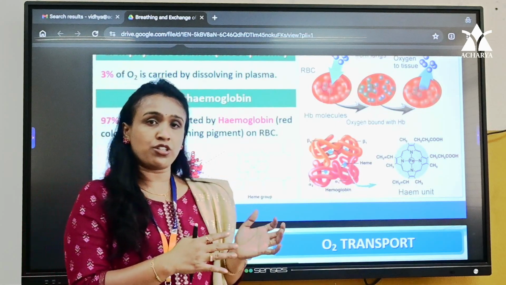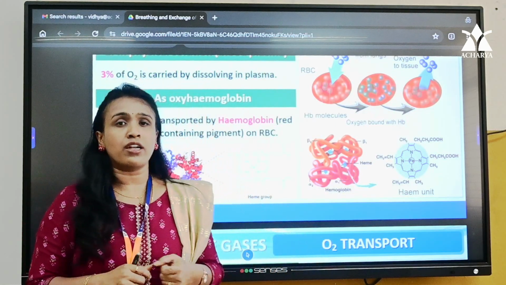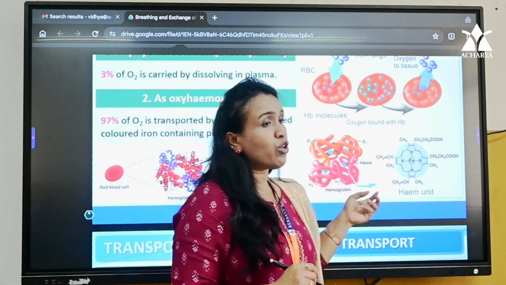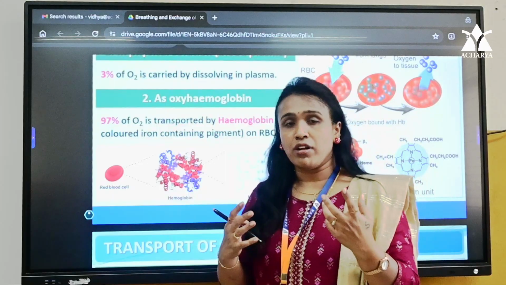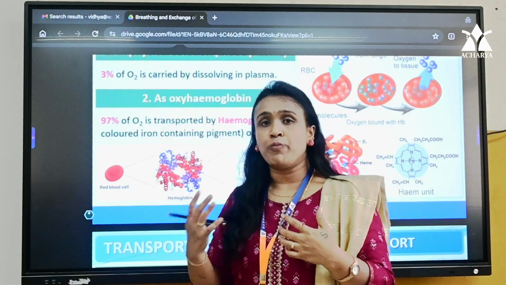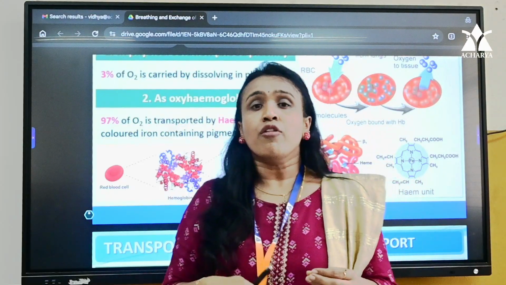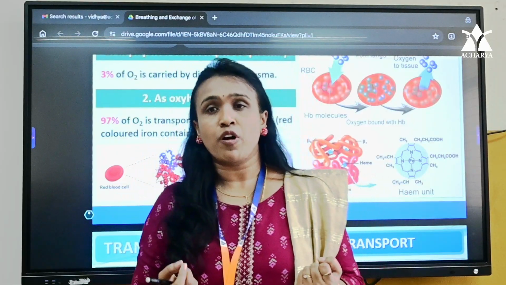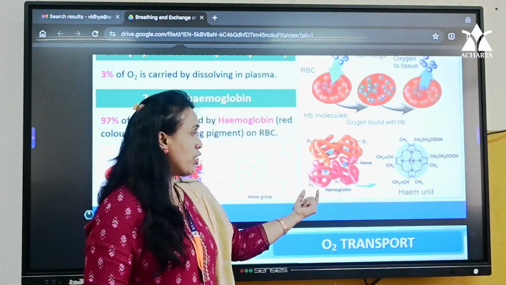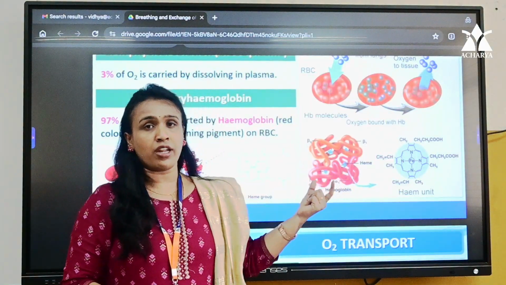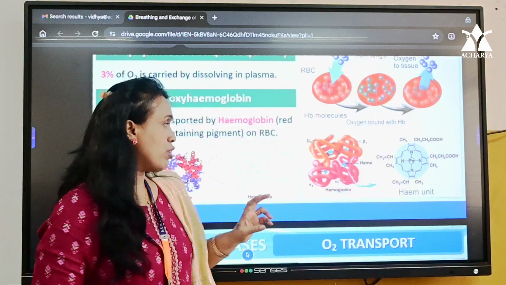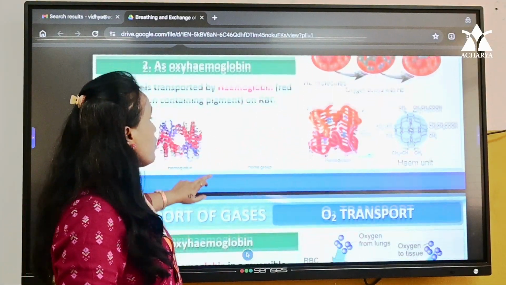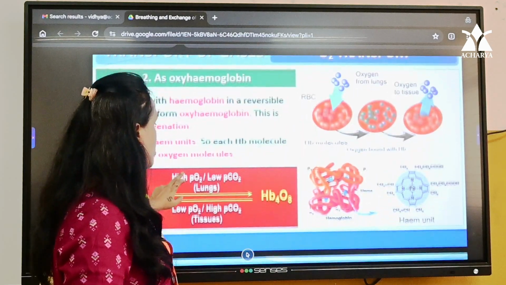We have studied this structure of hemoglobin in detail in the chapter biomolecules. Alpha 1, alpha 2, beta 1, beta 2 together can carry 4 molecules of oxygen, or simply 8 atoms of oxygen. So each subunit can carry 1 oxygen molecule, that is 2 atoms, so totally 4 into 2, 8 oxygen atoms.